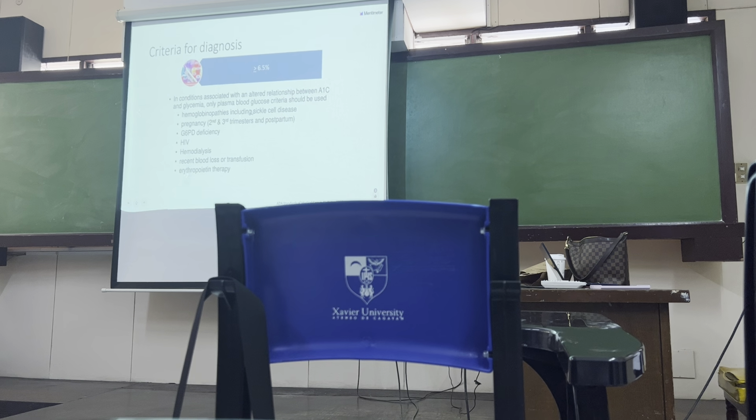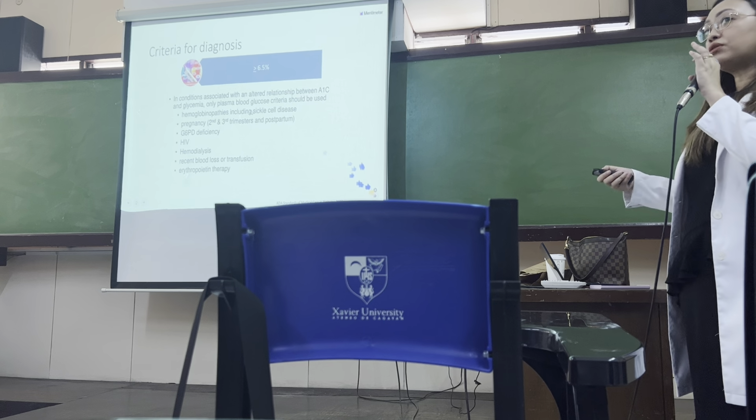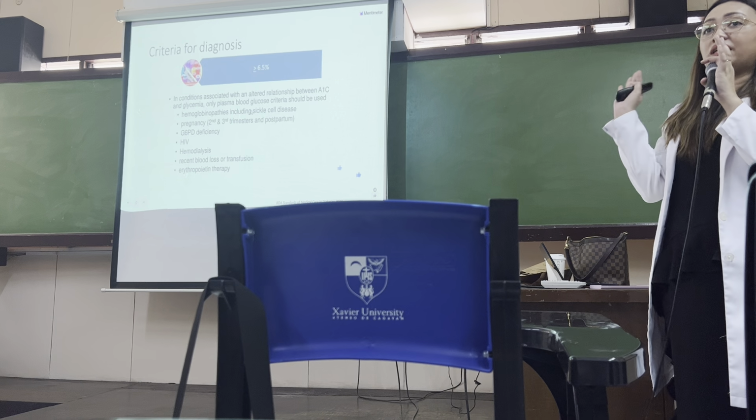That is why if your patient has hemoglobinopathies or is pregnant, pregnant patients have a high RBC turnover, G6PD deficiency, patients with HIV, those on hemodialysis, CKD patients, as you know, your patients with CKD have low erythropoietin levels, or your patient is anemic in general.